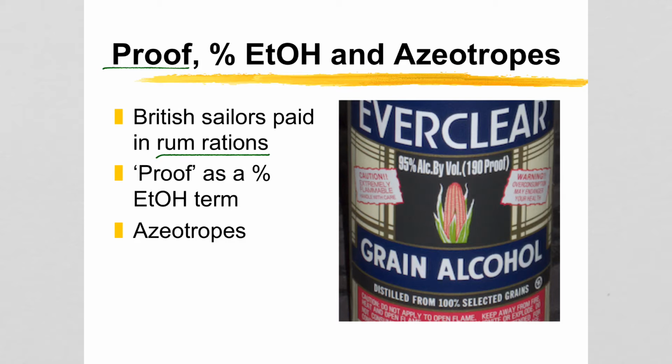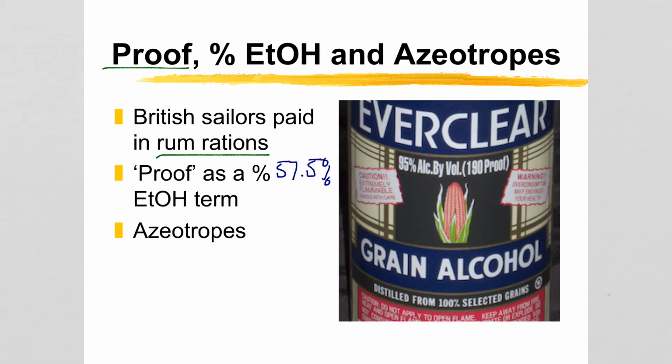They were very concerned that this rum ration might be diluted, and so to be sure that it wasn't diluted with water and therefore didn't contain as much ethanol, they would take the rum and soak gunpowder in it, and then check to see if the gunpowder would ignite. Now, if there was too much water in there, the gunpowder wouldn't ignite, but at a certain percentage of ethanol, which was 57.5% ethanol, the gunpowder would ignite, and thus it was proved.